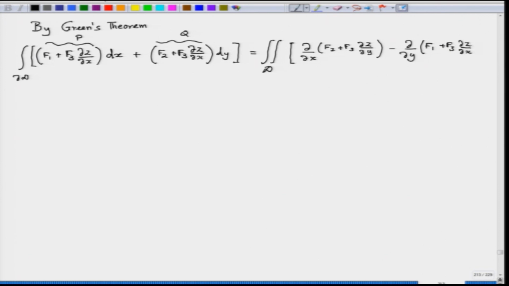Z itself is a function of x, y, and f1, f2, f3 are all functions of x, y, z. Please understand that. So the chain rule is now required to make any further progress.